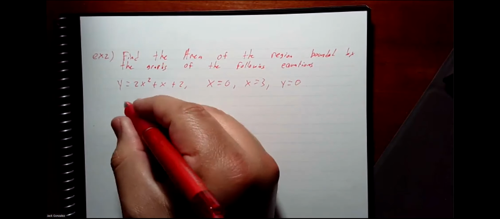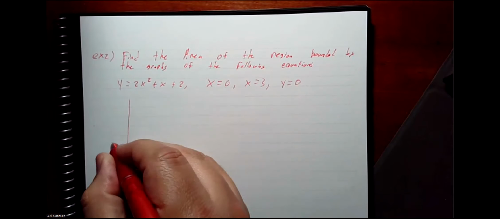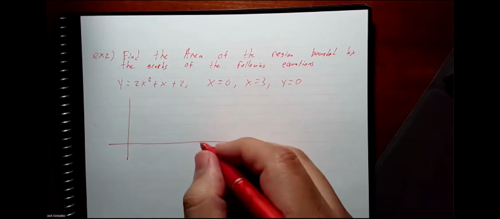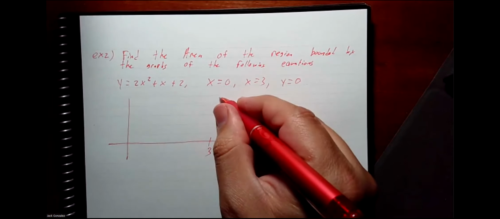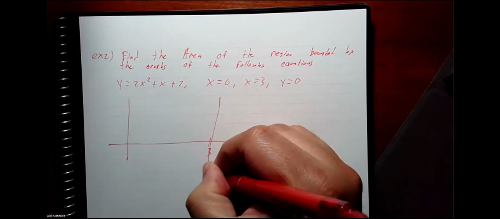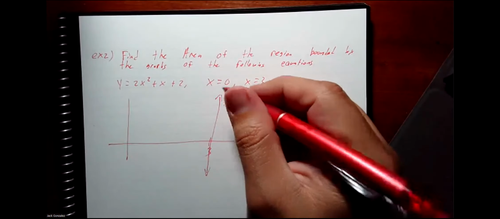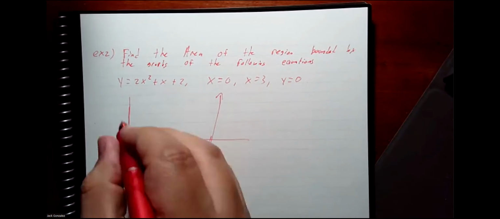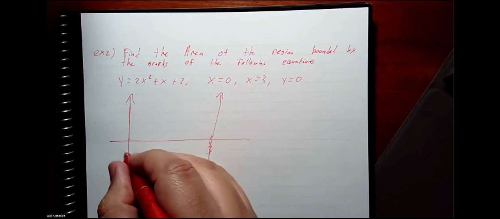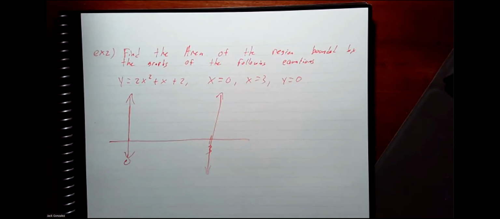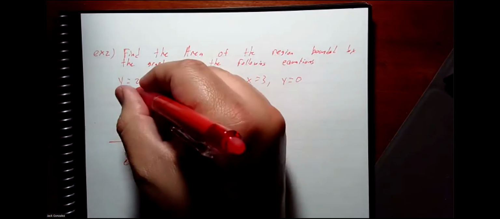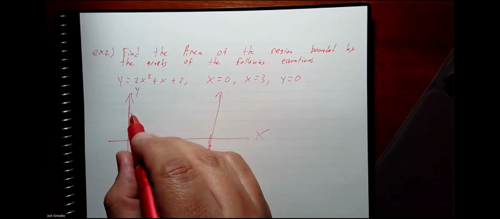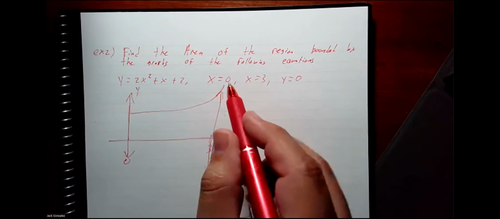So basically, if you graph this, let's say that 3 is over here. You have this vertical line going this way. And then you have the vertical line over here for 0, which is the y-axis, right? Then you have your parabola kind of doing something like that.